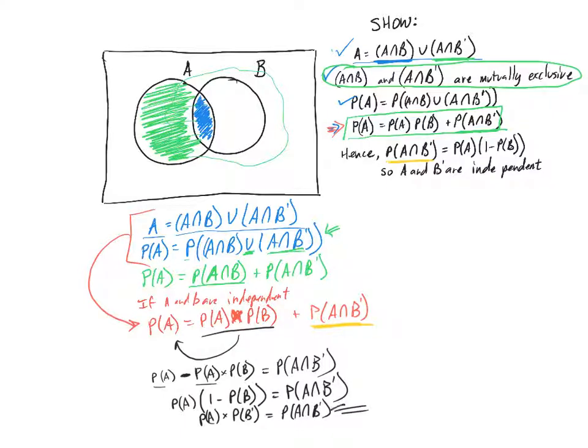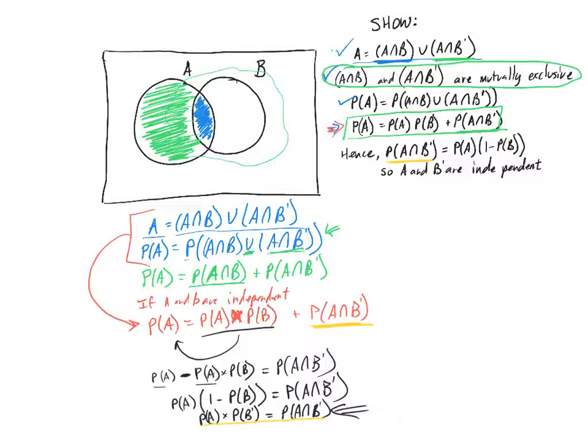Now, this is our independent law. So if this is true because we've worked it out through our algebra, then what it means is that A and not B are independent of each other.